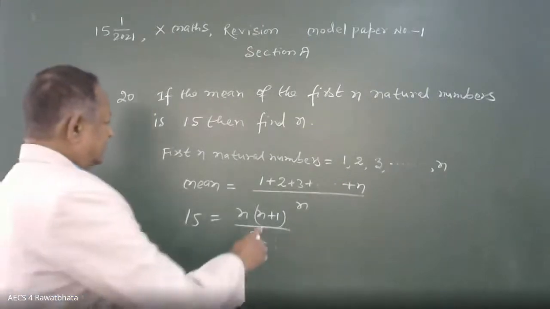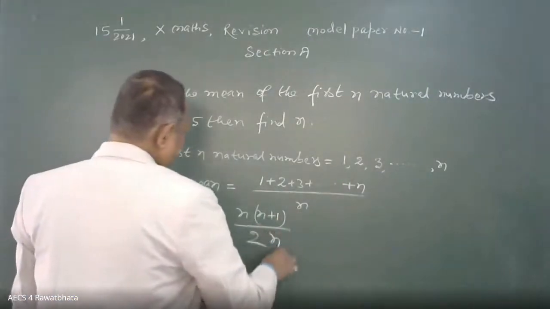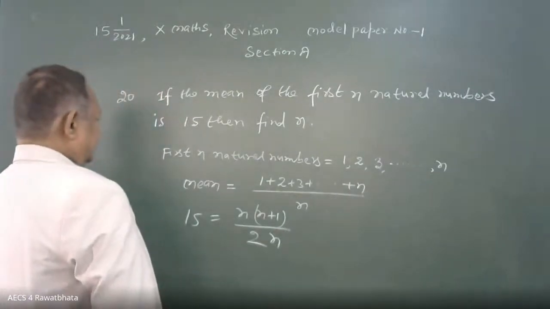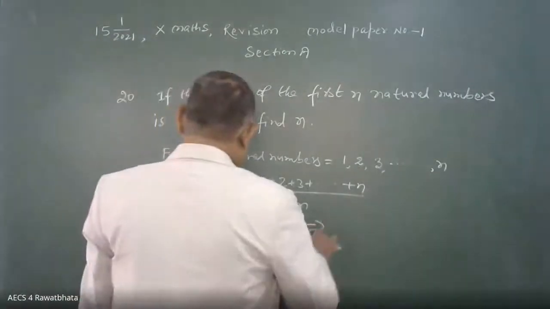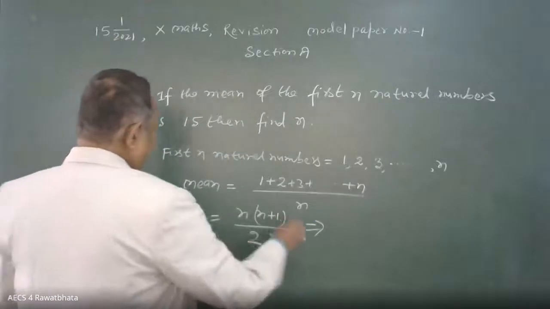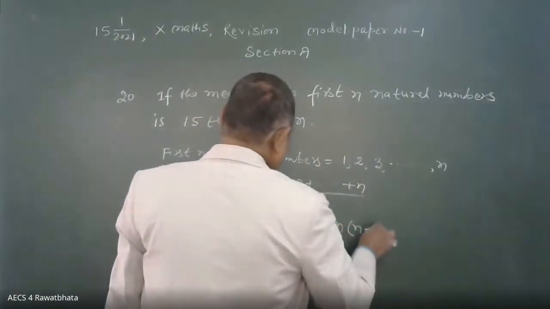So n square plus n minus 30n, n square minus 29n is equal to 0.